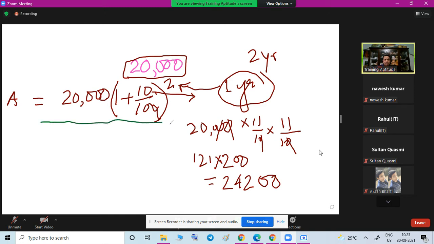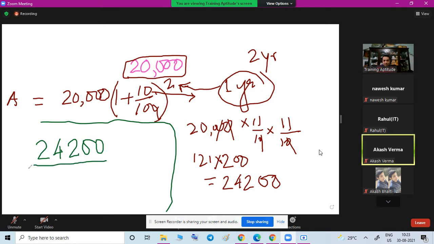Next year, what happens? Now we will apply, we can apply because it is 1 year, so we can apply simple interest also. Because in 1 year it doesn't change, but I have changed my principal now.